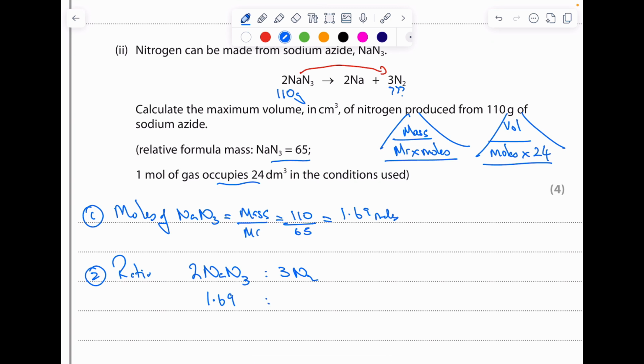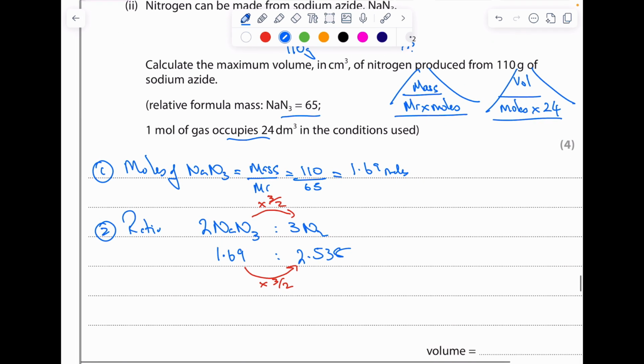So what I'm trying to do here is get from here to here, and I'm trying to get therefore from there to there. So what I'm going to do in this example is times by 3 divided by 2. So let's put that on here. So times by 3 over 2. So times that by 3 divided by 2. I'm getting 2.538. So it's a big long number, so I'll leave it there.